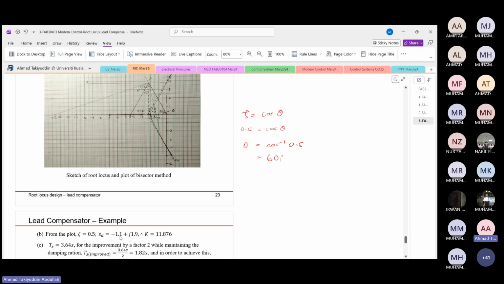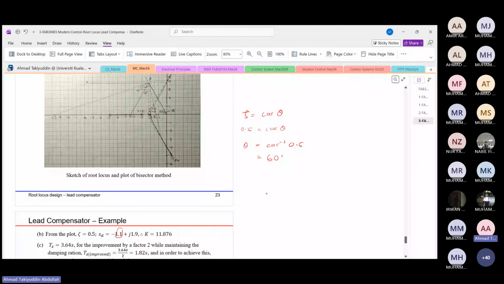So this minus 1.1 that you have here is actually the value of sigma d. And sigma d is equal to zeta omega n. So what will be your zeta omega n in this consideration? It will be 1.1.